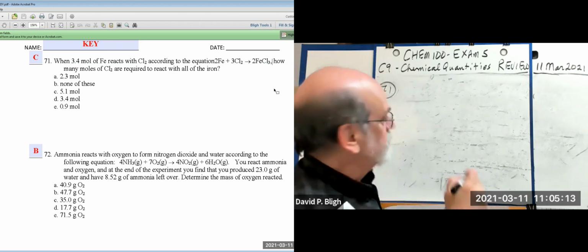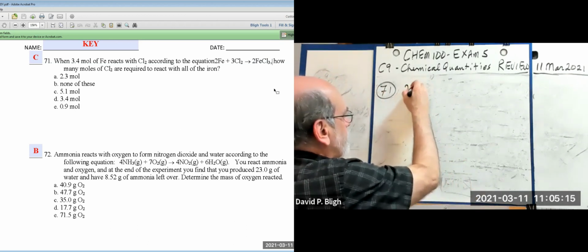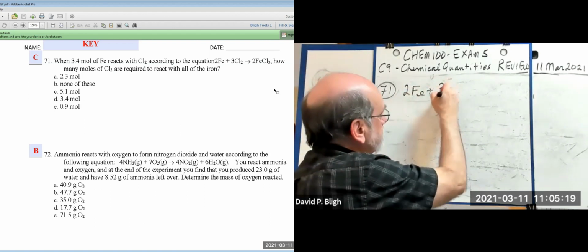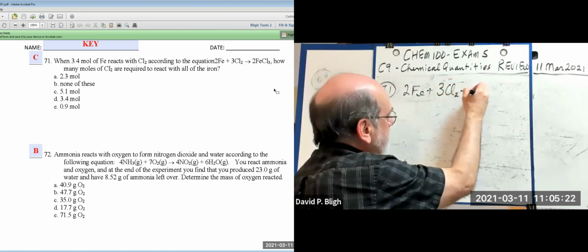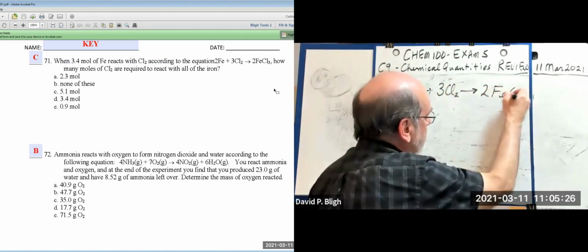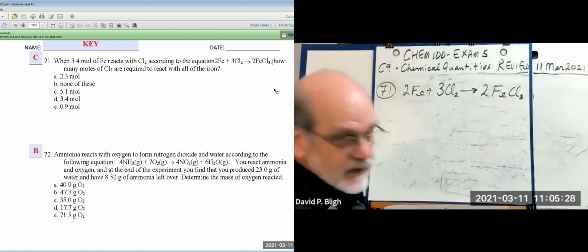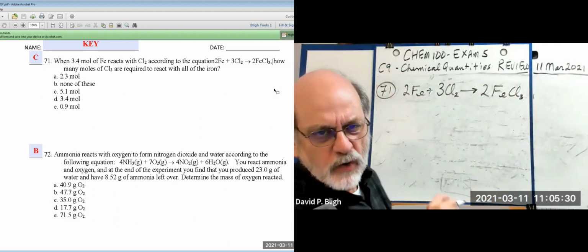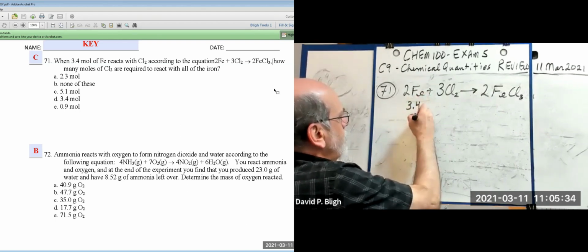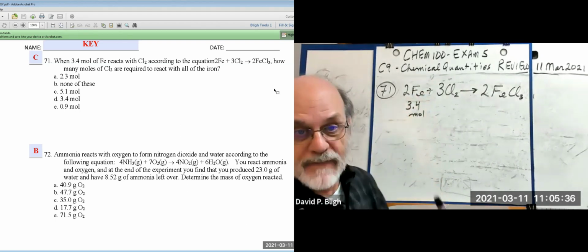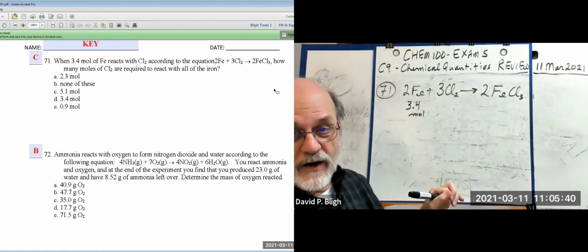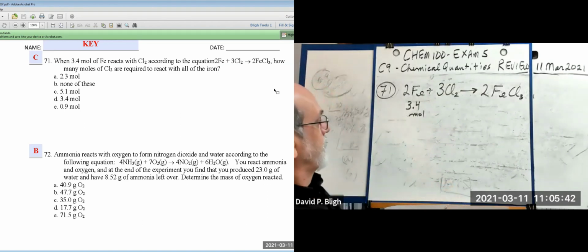According to this reaction, 3.4 moles of iron react with chlorine. How many moles of chlorine are required to react with all the iron?